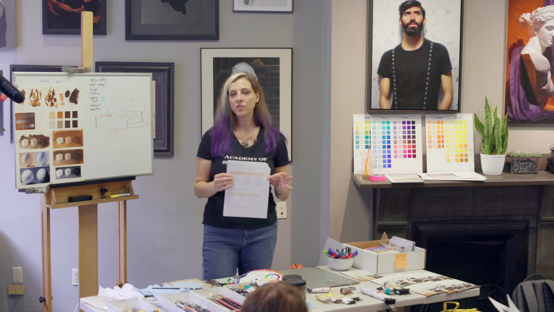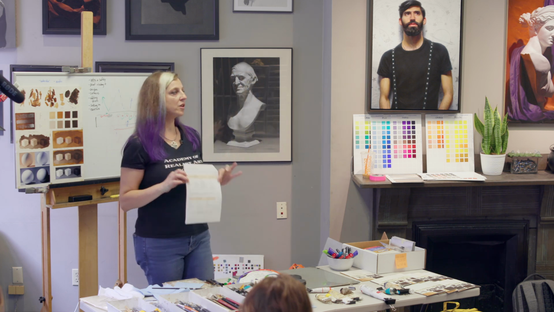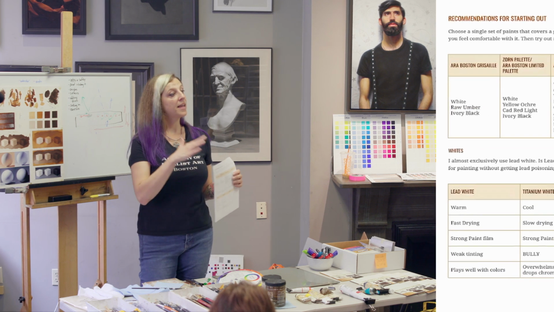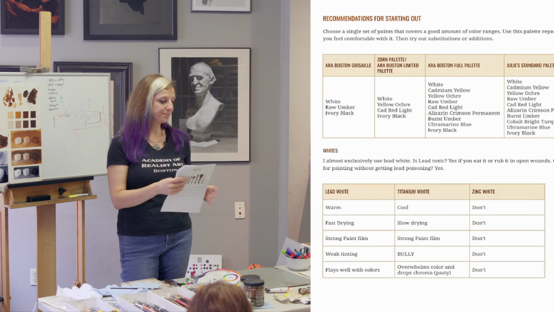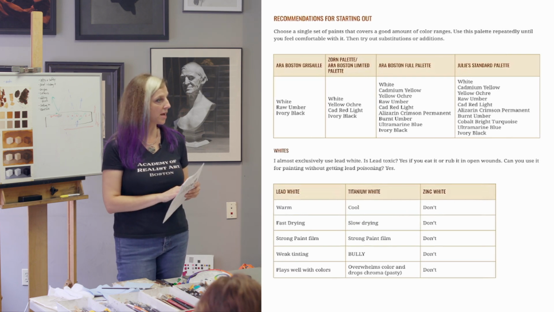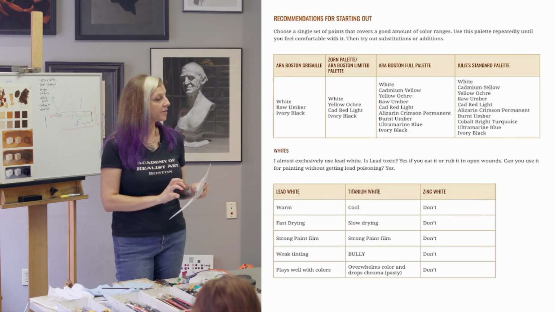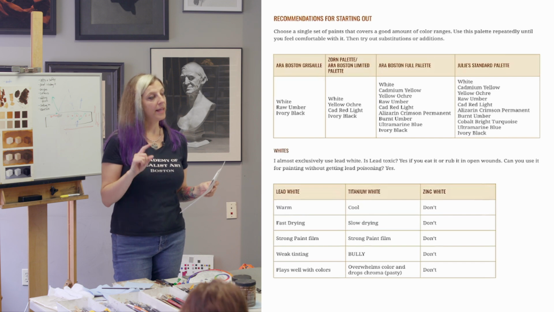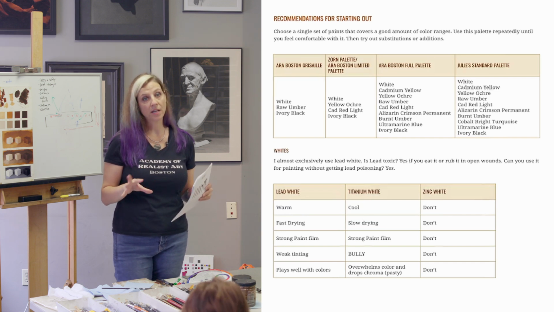Okay, recommendations for starting out. If you're looking to just start here at the program, I'll go into that, but also if you're just looking to start oil painting in general, a recommended palette to start with that covers a lot of color space. So for our students, when you are approaching grisaille, you're only going to need 3 colors, and that is white, ivory black, which is a blue, and raw umber, which is kind of a greeny yellow.